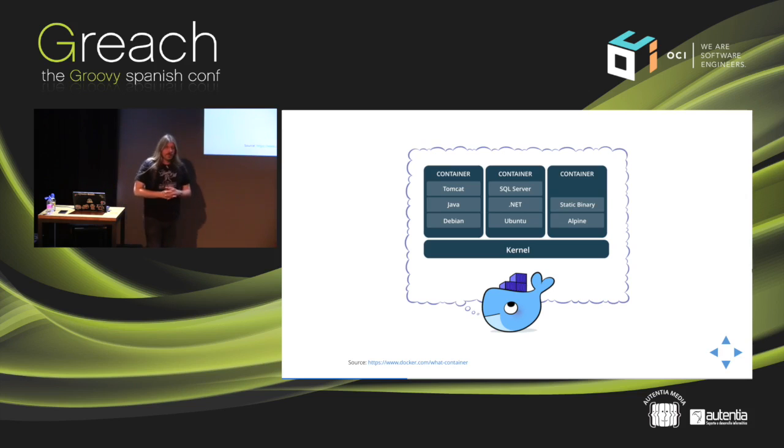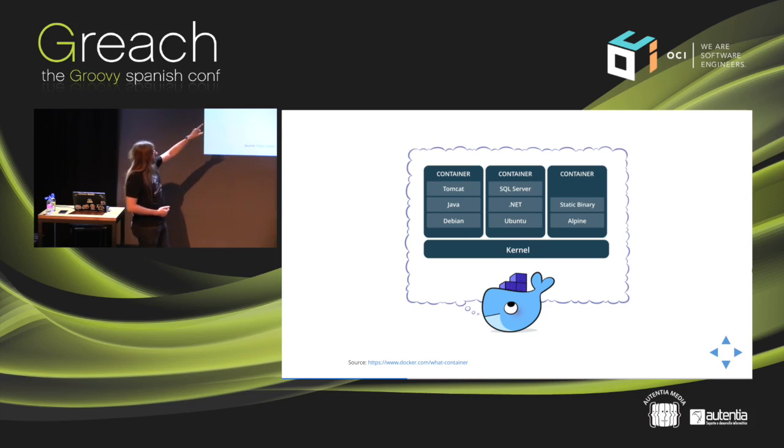So what Docker basically is, it's a container platform, and you have your kernel, for example, your Linux kernel, and on the kernel you have different Docker containers running. Inside these containers you have the complete user space, so to say, of your distribution.